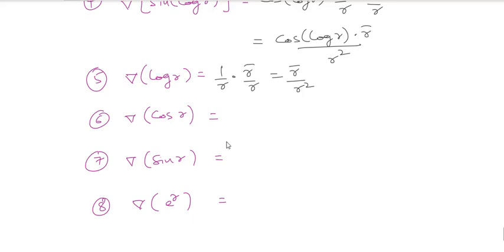Just try to give these. Del of cos r will be minus sin r into r bar by r. Just differentiation, that's all. For sin r, cos r into r bar by r. Next, e power r into r bar by r you can do it.